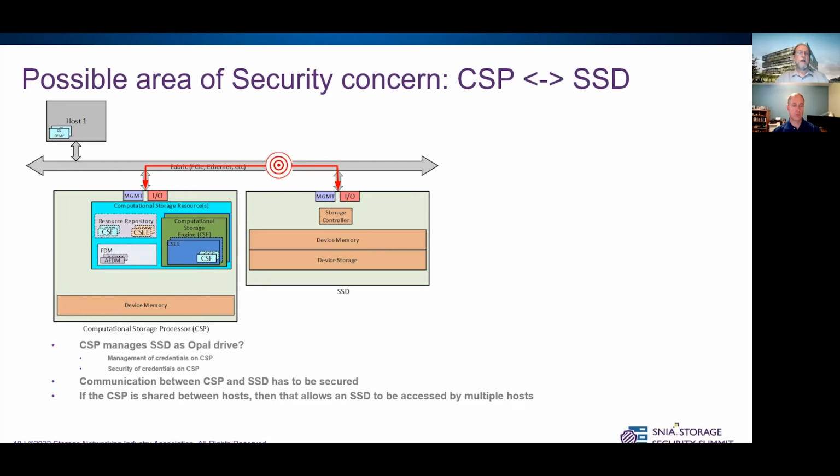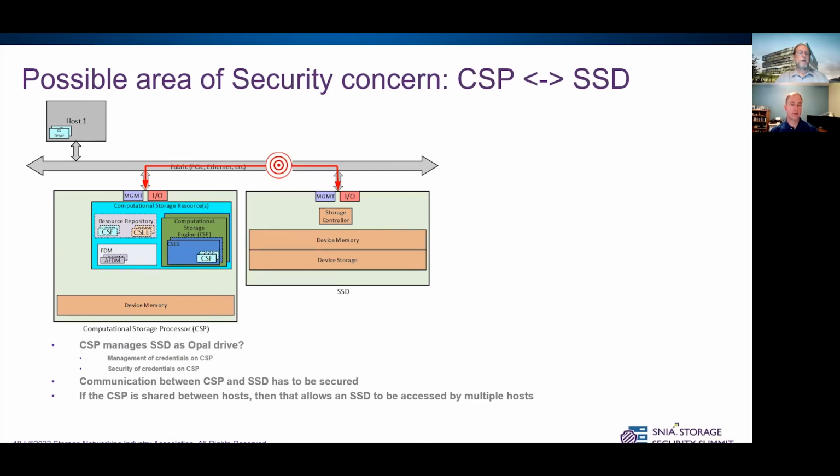It is accessing that data across a fabric. This could be a PCI fabric. It could be NVMe over fabric, or any possible combinations of fabrics. And the question is now, how do you secure that transaction?